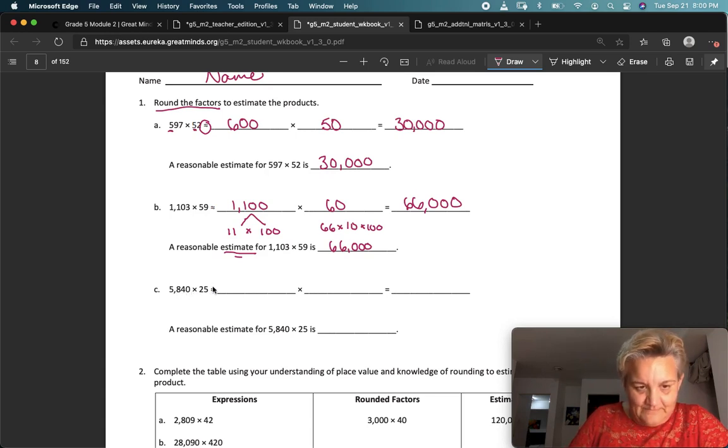5,840 times 25. Well, let's see what we've got here. I think we could probably round this up to the nearest thousand. So look at the 8, and that's going to round to 6,000. This is why it's important to have good rounding skills.